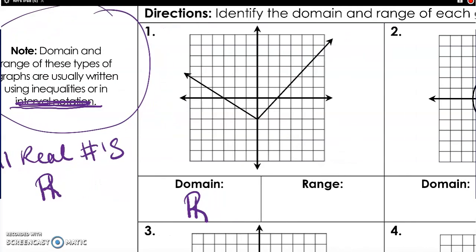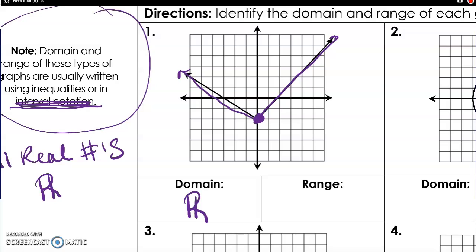Now the range, if you notice, I don't start until right here. So I have a minimum value. I do not go any lower than -2. But I keep going up forever and ever. No matter which direction I go, I keep going up forever and ever, but I never get lower than that.